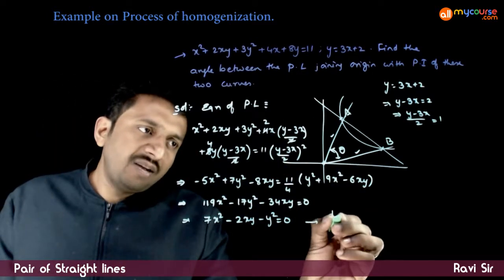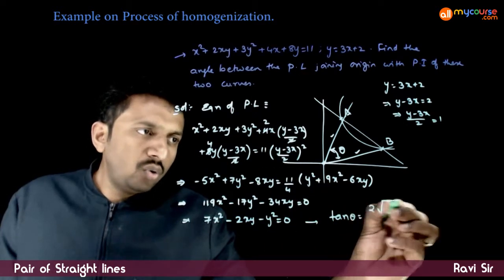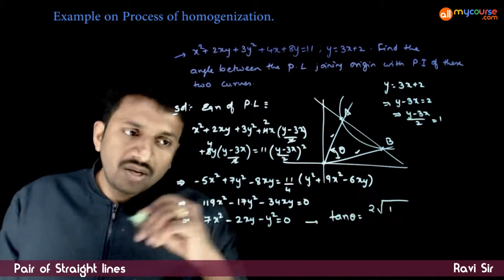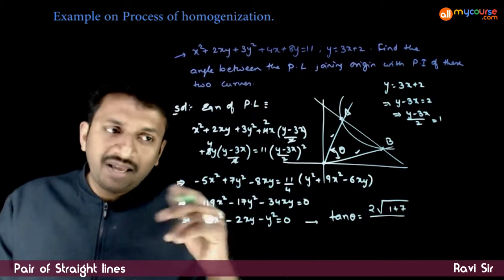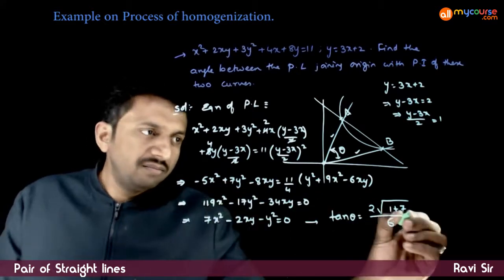So what is the angle between the pair of lines? Tan theta is equal to 2 root h square minus ab by a plus b. h is 1, so 1 square is 1 minus ab is plus 7, by a plus b, 7 minus 1 is 6.